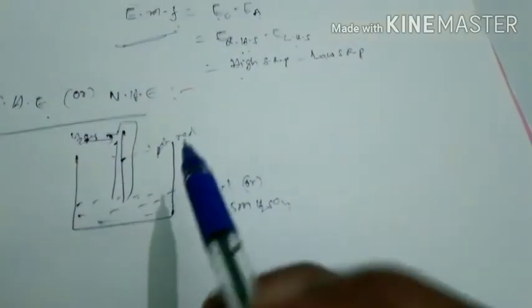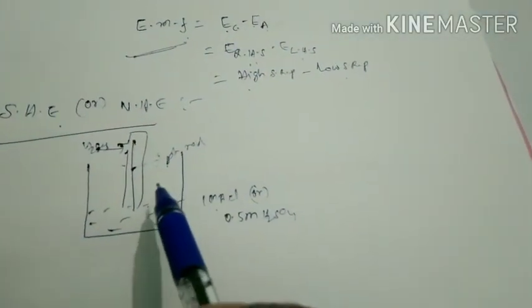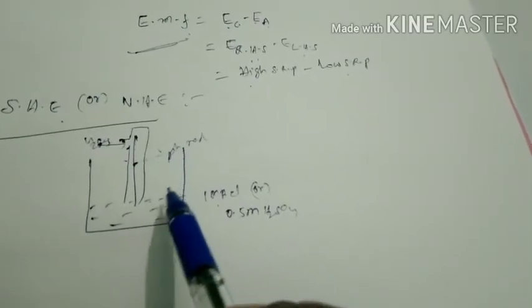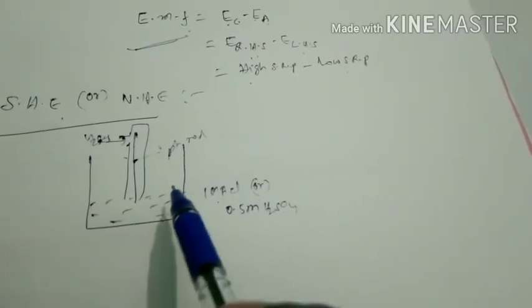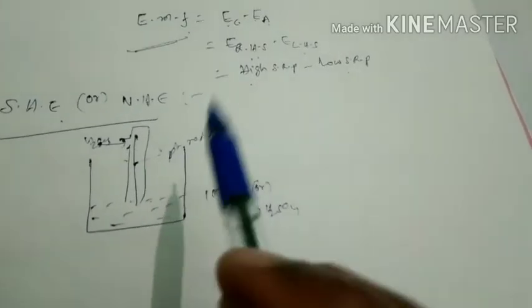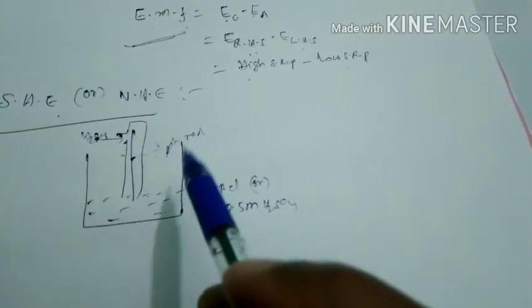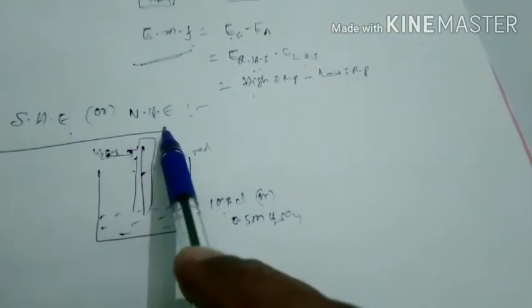I repeat once again, when hydrogen gas is passed through a glass tube containing a platinum rod which is dipped in 1M HCl or 0.5M H2SO4, then the potential exhibited by the hydrogen gas is called standard hydrogen electrode potential or normal hydrogen electrode potential. So this is the definition of this one.